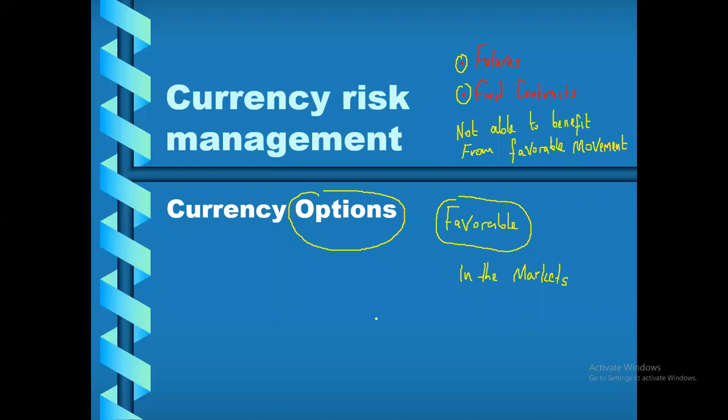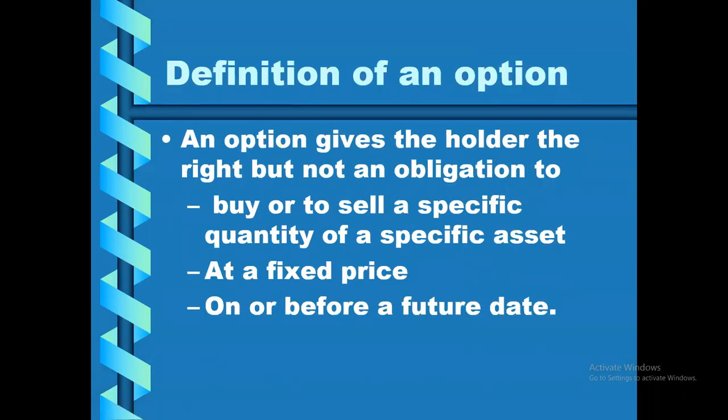Let us look at some aspects of options. An option gives the holder the right, but not an obligation. So that's where the clue is. The option imposes on us a right and not an obligation, to do what?